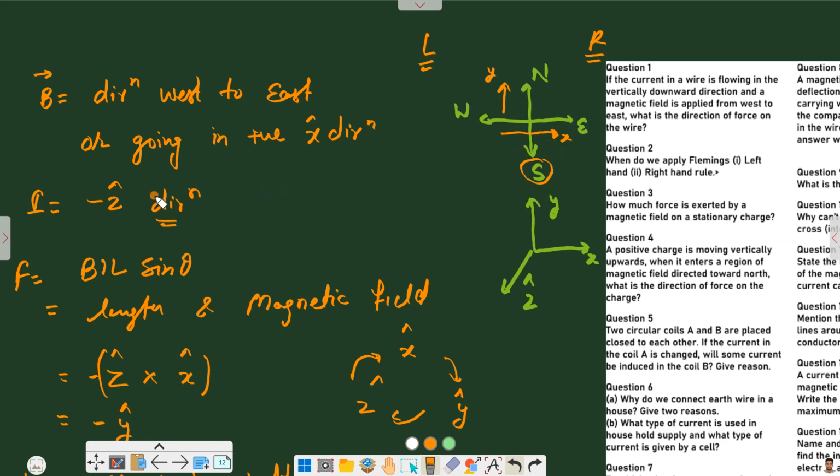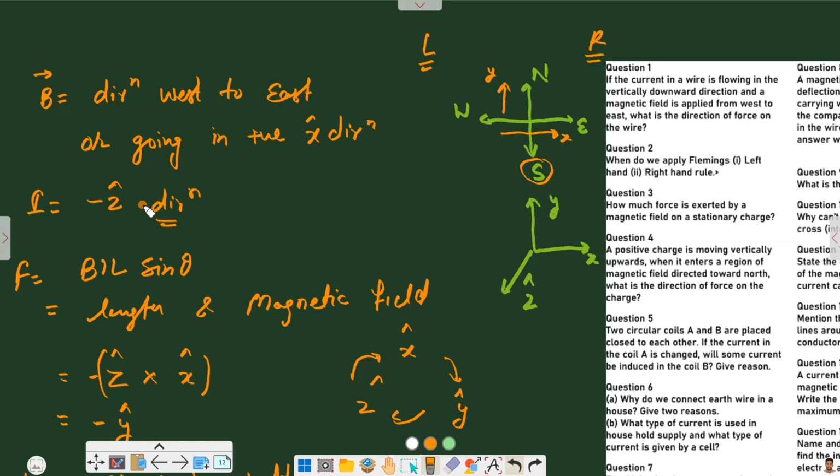Now current is going in the minus z direction. Your second finger, or middle finger, gives the direction of current, so your second finger should be going into the screen, and your first finger will be pointing towards the right of the screen.